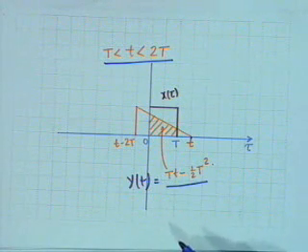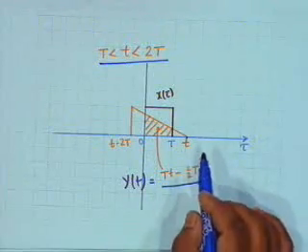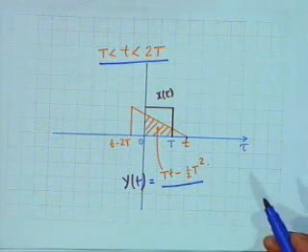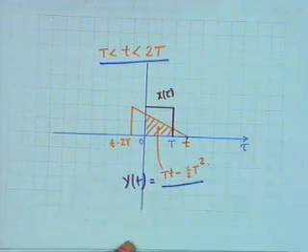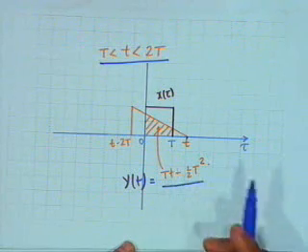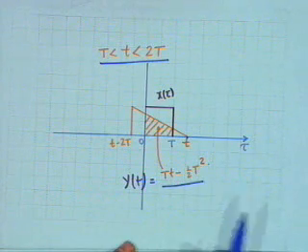Alright, so this is the situation between capital T and twice capital T. Now you notice that the value for small t equal to capital T can be evaluated either from this expression or from the previous expression, and they should be identical, because it is a continuous curve. And you can easily see that if small t is put equal to capital T, then the value is half capital T squared. That is the value given by the previous expression also.